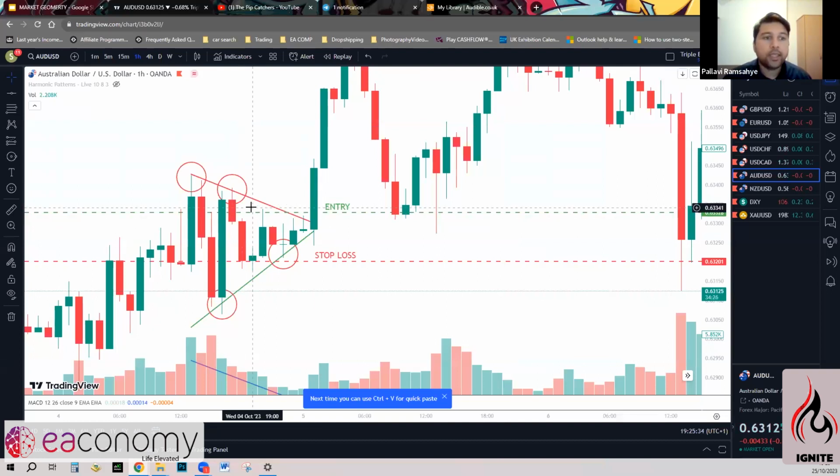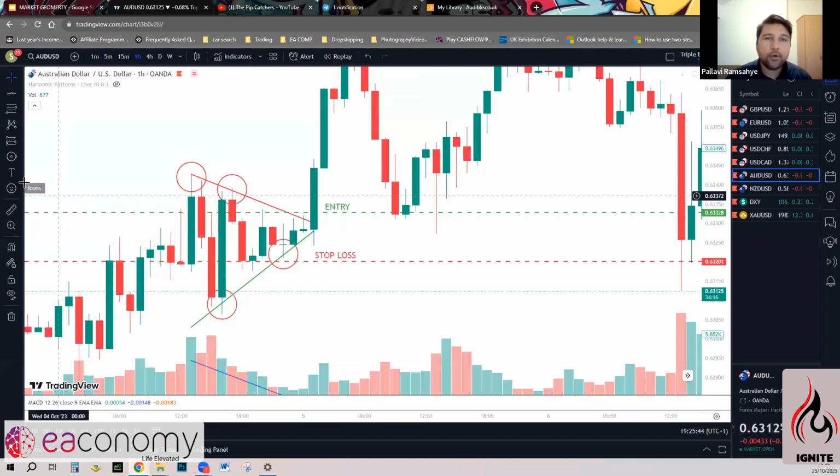Okay, so with the take profit, the way we measure the take profit is we are actually measuring. So we can get our measuring tool on the left-hand side here. Who in the chat, we've got 26 people on the call, who in the chat uses TradingView? I'm assuming everybody on here uses TradingView.